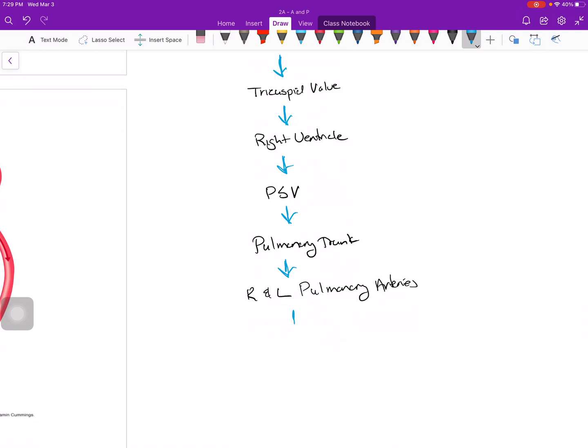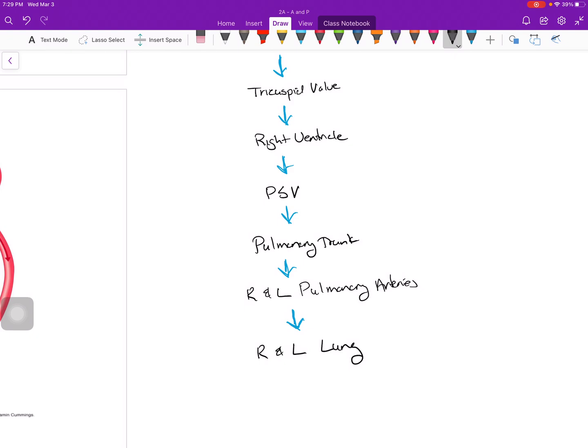And then it goes into the right and left lung.